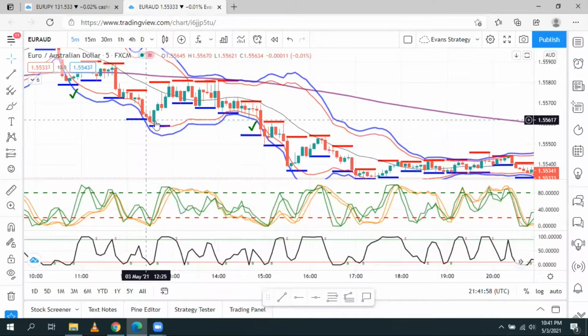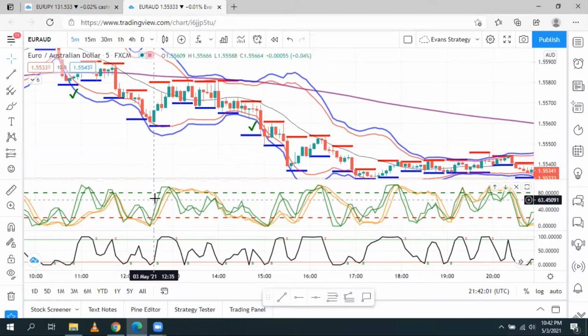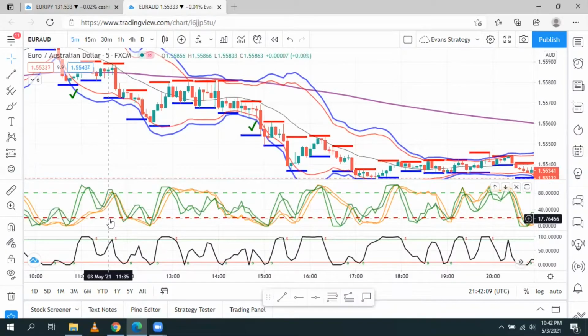So now we come down to the stoch RSI here. We want to see both the fast and the slow RSI crossing this red line, the oversold line. Both must be down below the oversold line.